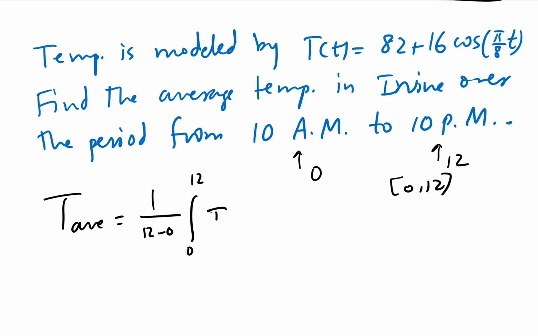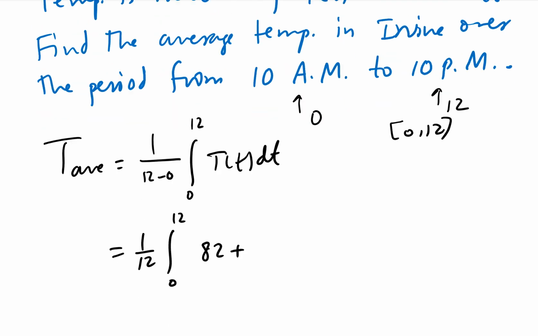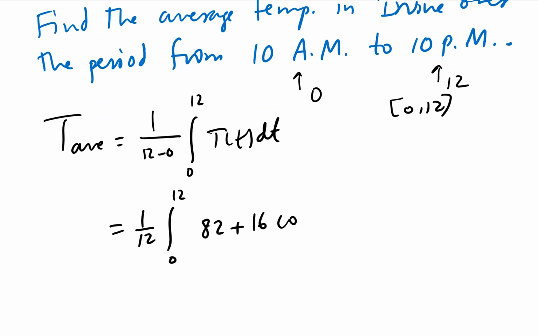The function T of t dt. And all we have to do is substitute that function in, 0 to 12. The function was 82 plus 16 cosine pi over 8t dt.